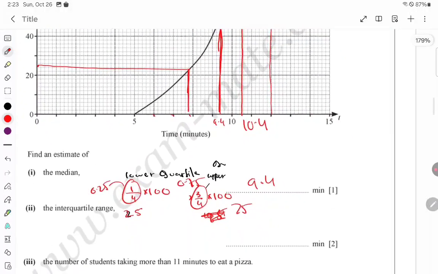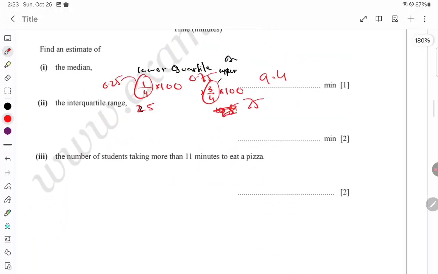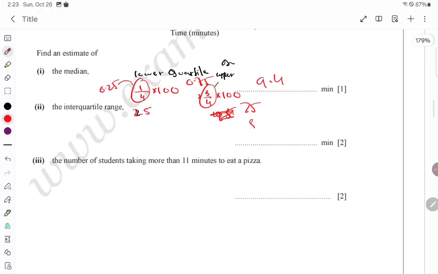We can consider it 8. So on 25, it will give you the value of 8, and 75, 10.4. Now 10.4 minus 8, it will give you the value of 2.4, which is the interquartile range.